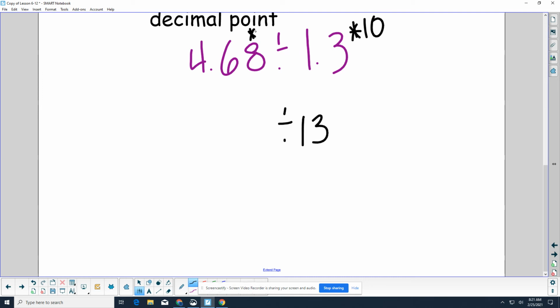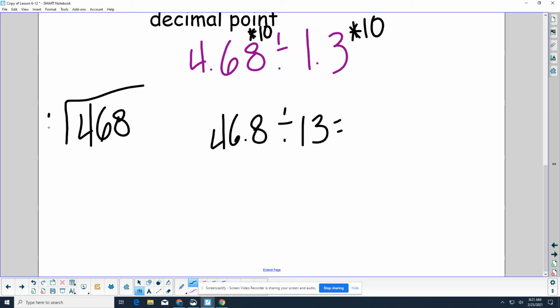And let's say I go ahead and just multiply this by 10, and I end up with 46 8/10. I could do the division still. And when I divide that out, I get my answer.